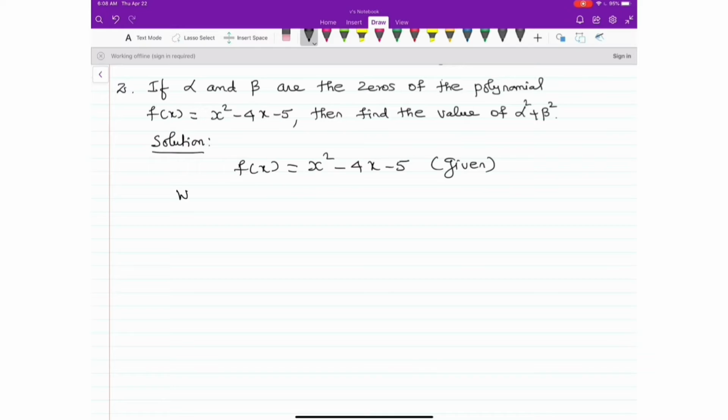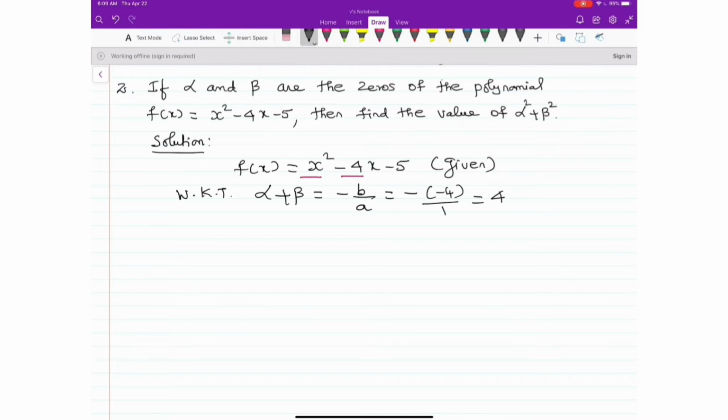So we know that alpha plus beta is equal to minus b by a, where b is nothing but the coefficient of x. Here the coefficient of x is minus 4 and a is the coefficient of x squared, which is 1. So I can write over here minus of minus 4 by 1, which is nothing but 4.